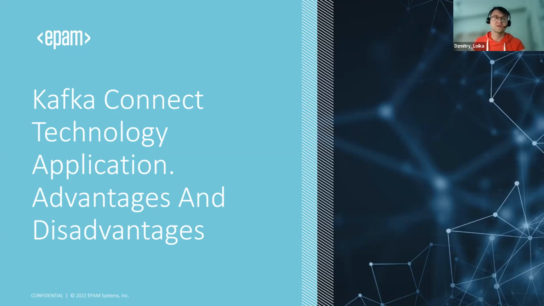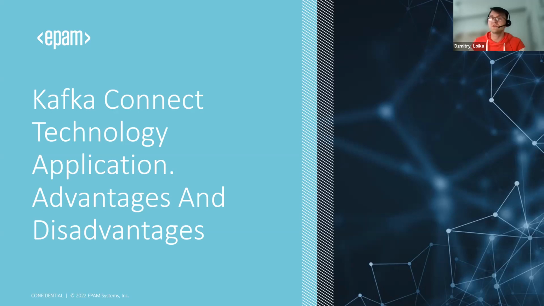What is Kafka Connect? Kafka Connect is a free open source component provided by the Apache Kafka community. It's a framework for connecting Kafka with different external systems like databases, key-value stores, some REST services, etc. And one of the important parts of Kafka Connect is Kafka Connectors.